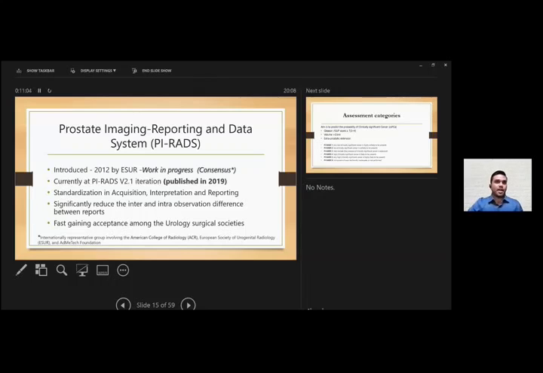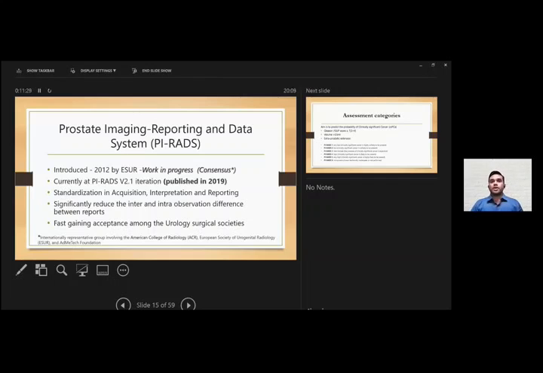This helps in the standardization of acquisition, interpretation, and reporting of prostate MRI. It also helps in significantly reducing the inter- and intra-observer differences between reports. And more importantly, for us as radiologists, it is fast gaining acceptance among all urology societies.